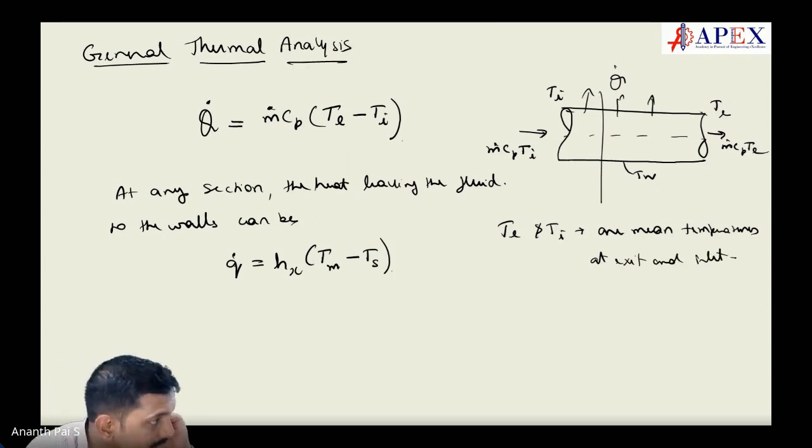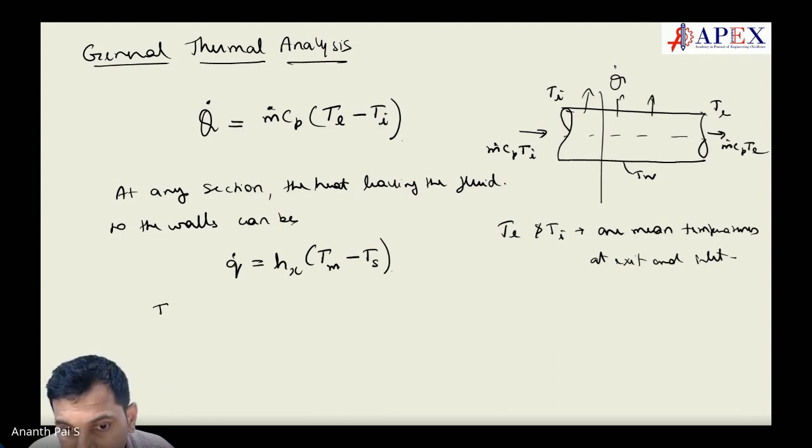Correct? In this, there are two conditions which can happen. Sorry, T wall. I'm copying from Senjal. Senjal uses T S. I want to use T wall consistently.